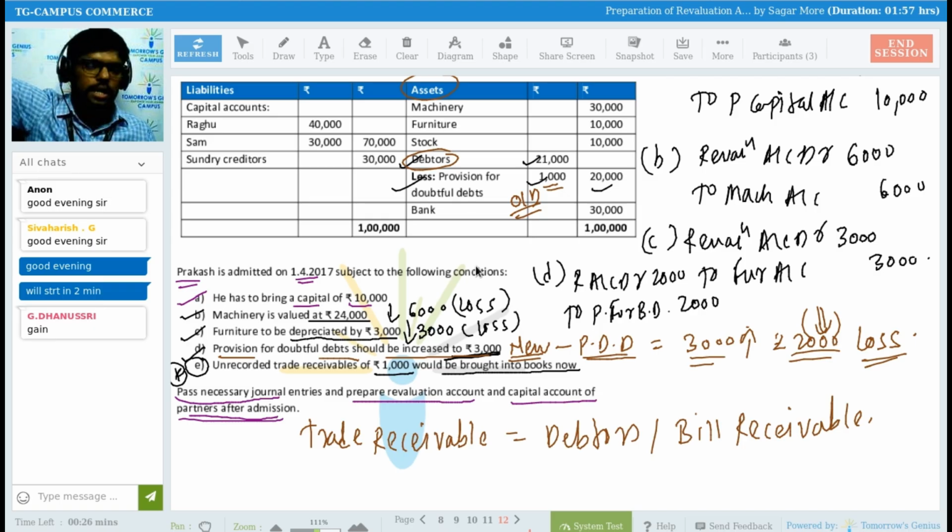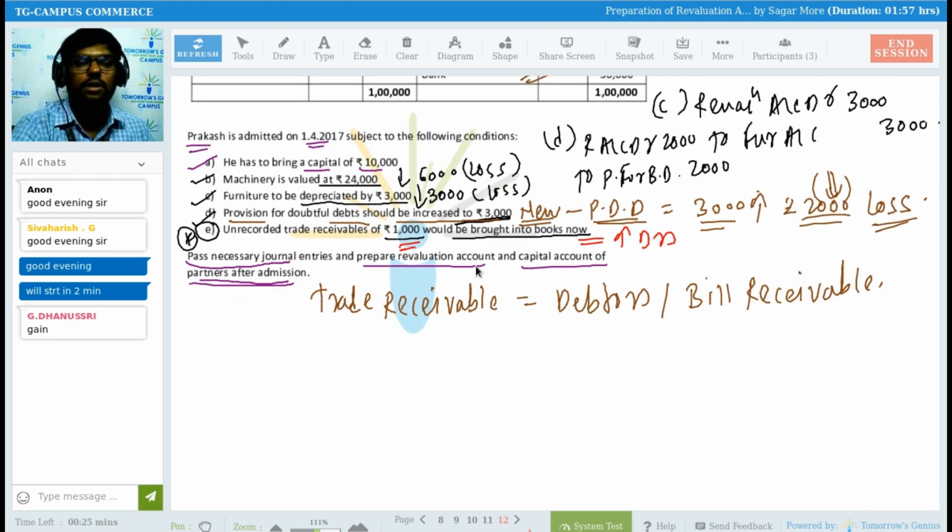It means they are saying we are going to record the same today in the books, right? So directly I can say the value of my asset will increase by 1,000 now. Yes or no? Yes, sir. If the value of an asset increases by 1,000, it's a profit for me.